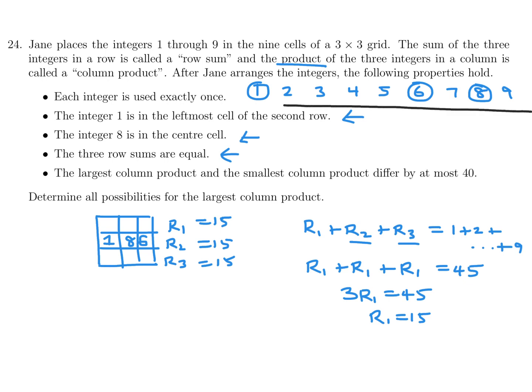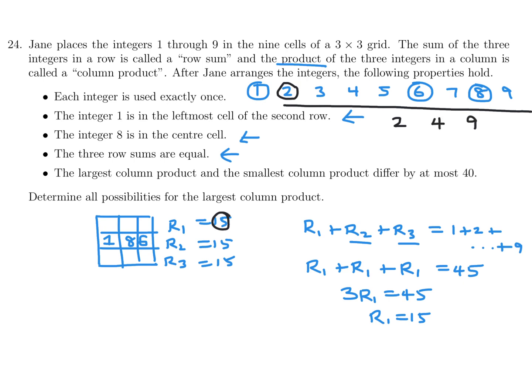If I use this 2, I've got to make it so that the other two numbers add up to 15, right? So if I use a 3 for the next number, the next number would have to be 10. There's no 10. How about if I used a 4? Then the next number would have to be a 9. There is a 9. Okay, so that works.